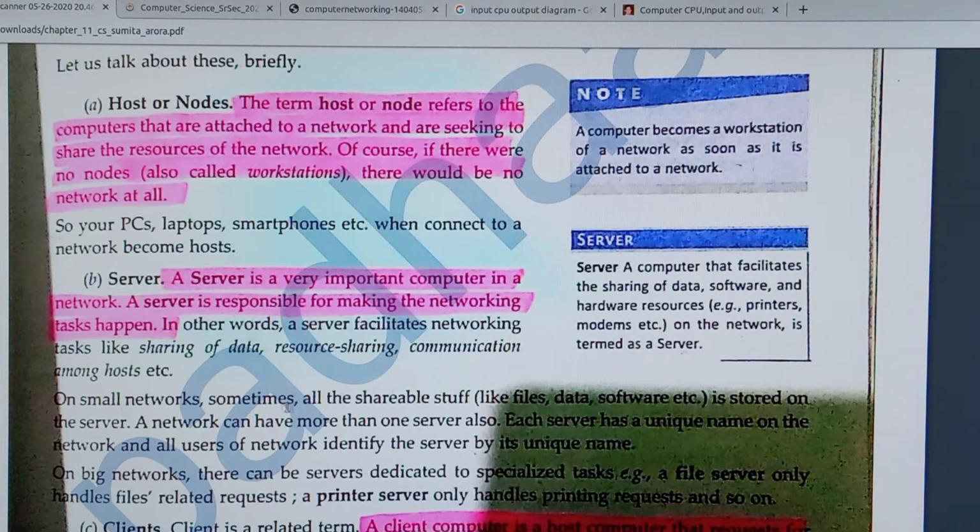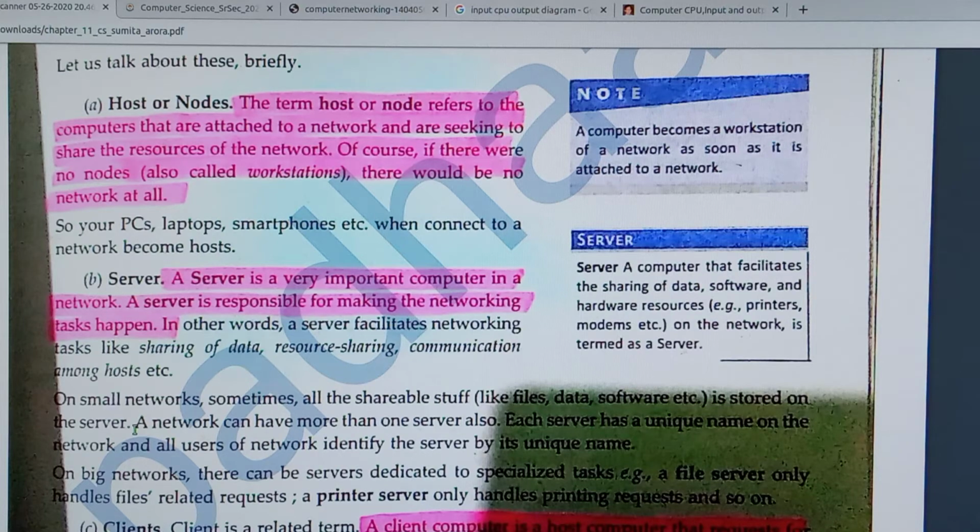On a small network, sometimes all the shareable stuff like files, data, and software is stored on a server. So for a small network, anything we want to share is stored on the server. Each server has a unique name on the network, and all the users of the network identify the server by its unique name.